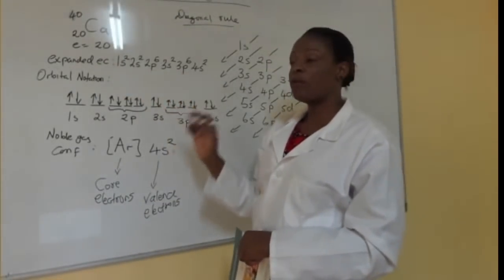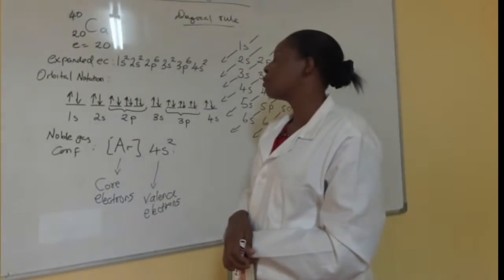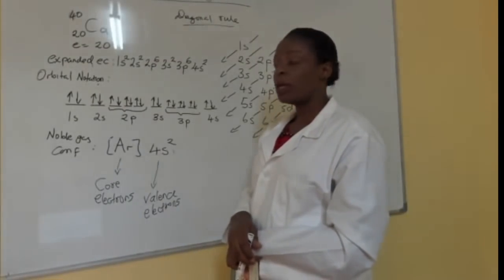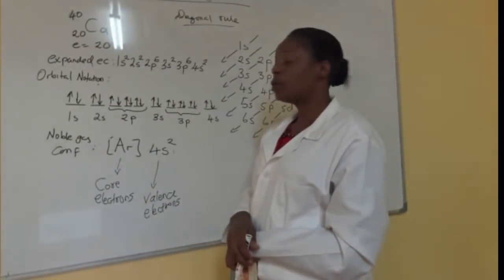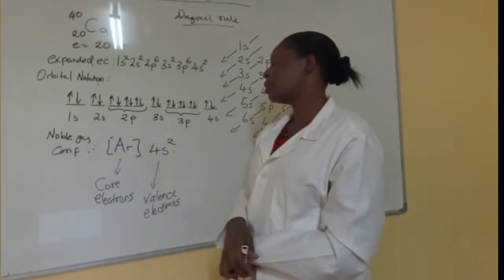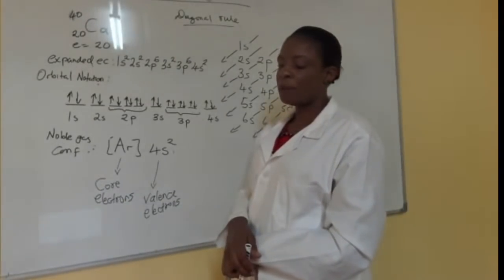Okay. So you should be able to represent your electronic configuration as an expanded electronic configuration, or as orbital diagram or orbital notation. We can also represent it as noble gas configuration. Okay, so refer to your notes.